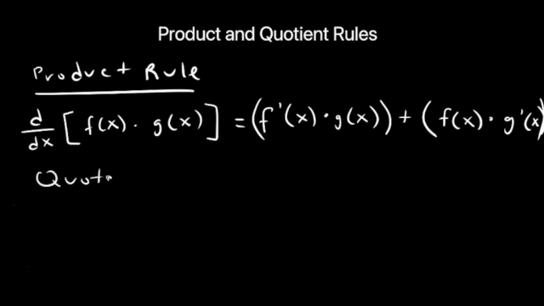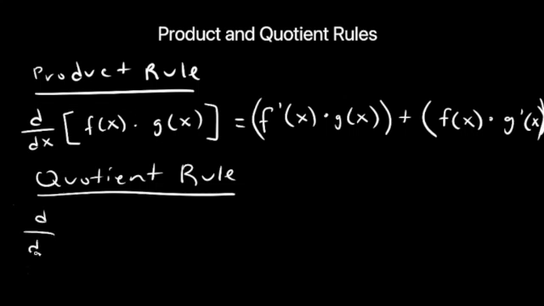So the quotient rule. This one is a little more annoying, but it's also fairly straightforward. So for this one, when we find the derivative, which is d over dx of a function f of x over a function g of x, what we have to do here is a little more complicated, but it's still relatively simple.